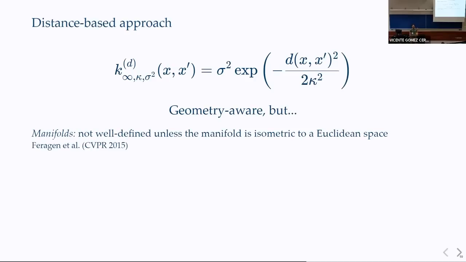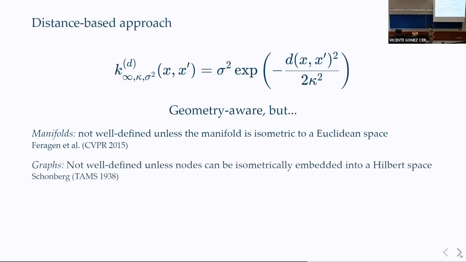So you can prove for manifolds, for instance, that such a formula doesn't define a kernel unless your manifold is isometric to Euclidean space. For the node set of a graph, you can prove, and this is a very old result, that it's not a well-defined kernel unless the nodes of the graph can be isometrically embedded into some Hilbert space, which is a very restrictive assumption.